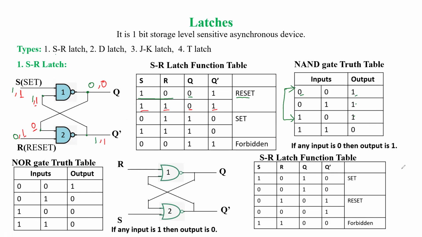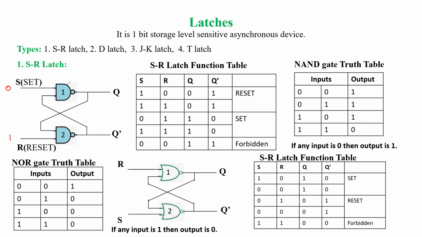Similarly, we can see another situation. Now in this condition, we take S as 0 and R as 1. For which NAND gate can we predict the output? Just think about this. You can pause yourself. Recall the NAND gate truth table: if any input is 0, the output is 1.